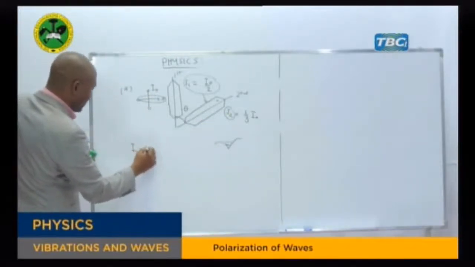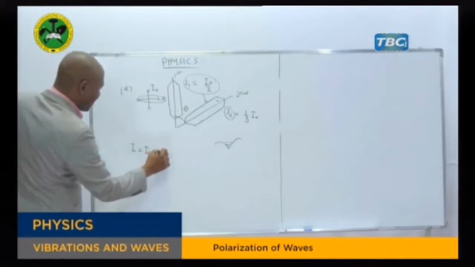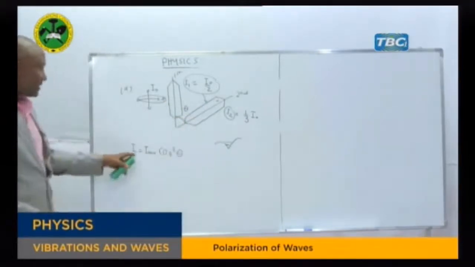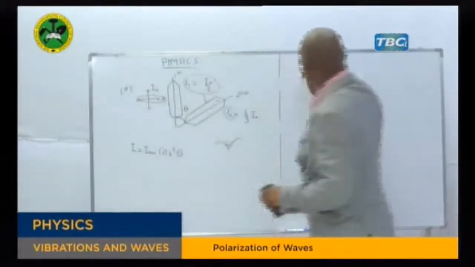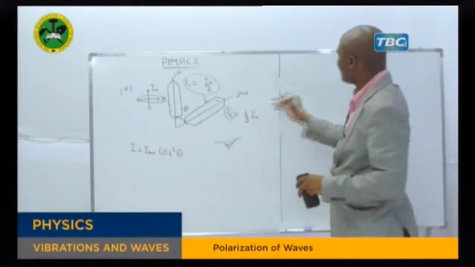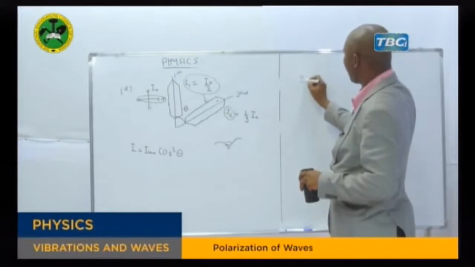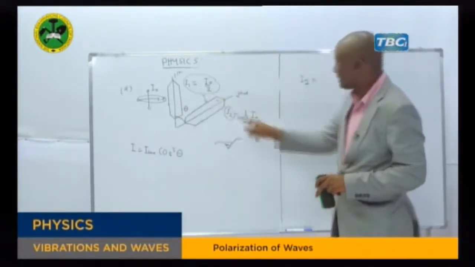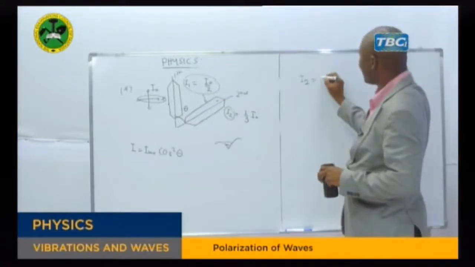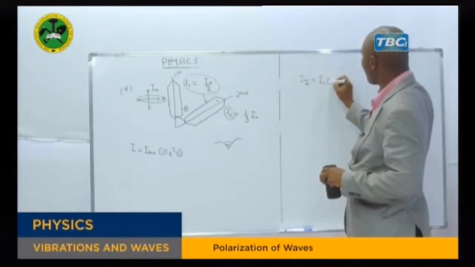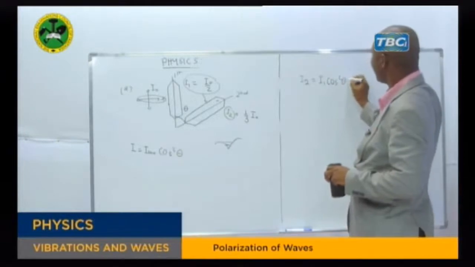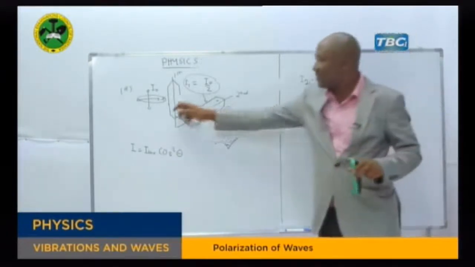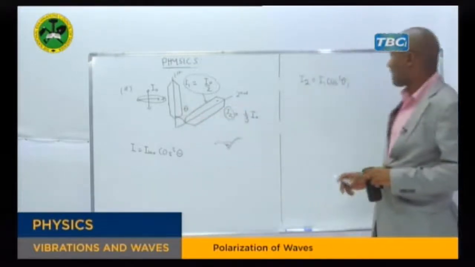This is from the formula, maximum intensity times cosine squared of the angle between. From this Malus's law, we are looking for I2, which is transmitted through the second polaroid. It's given by I1 cos squared theta. This angle is the one between the two polaroids.